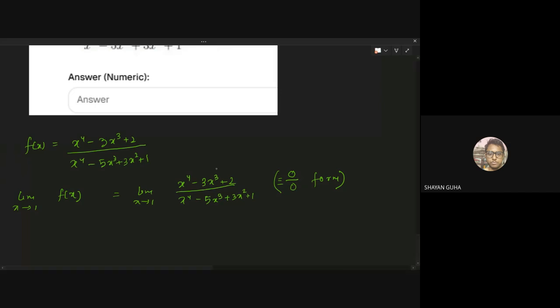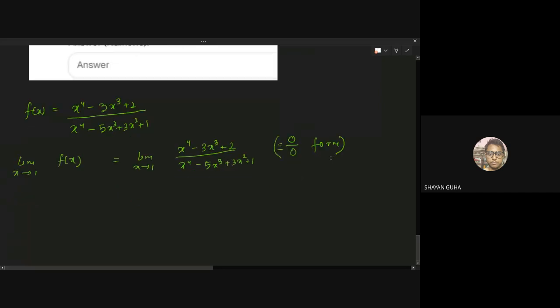If this kind of form takes place, according to L'Hopital's rule, I can differentiate both numerator and denominator until my denominator is non-zero when we put the limiting value. Till that point we will differentiate.